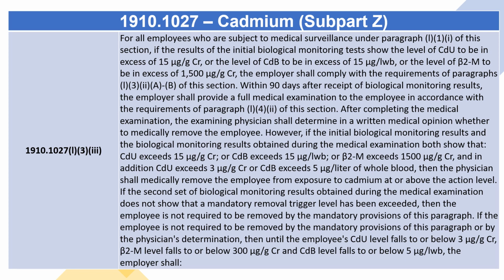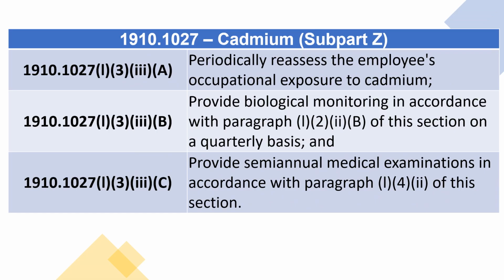If the employee is not required to be removed by the mandatory provisions of this paragraph or by the physician's determination, then until the employee's CDU level falls to or below 3 µg/gCr, beta-2M level falls to or below 300 µg/gCr and CDB level falls to or below 5 µg/LWB, the employer shall periodically reassess the employee's occupational exposure to cadmium, provide biological monitoring in accordance with paragraph (l)(2)(b) of this section on a quarterly basis, and provide semi-annual medical examinations in accordance with paragraph (l)(4)(2) of this section.